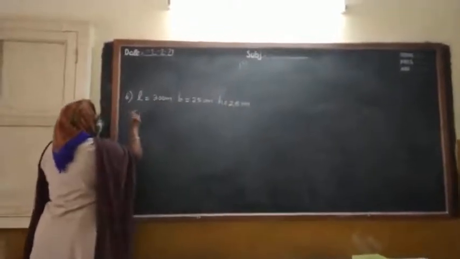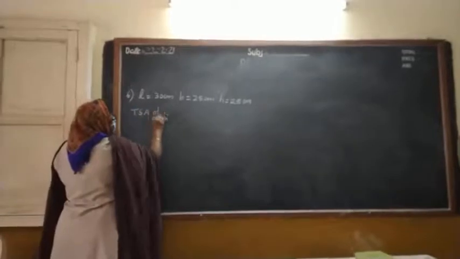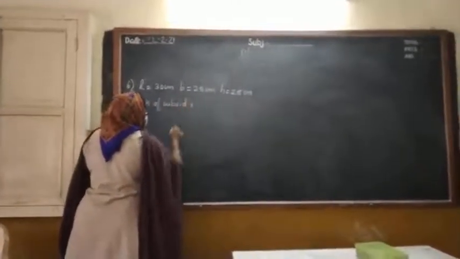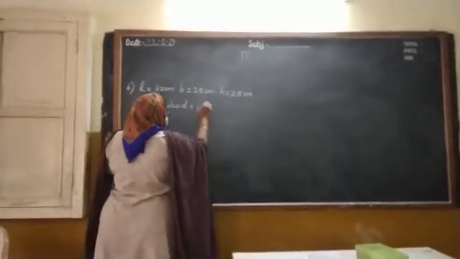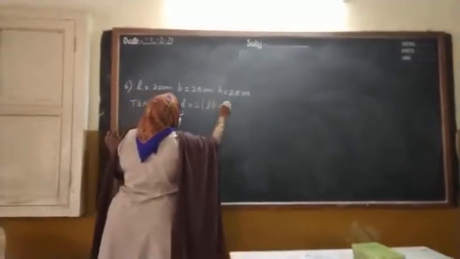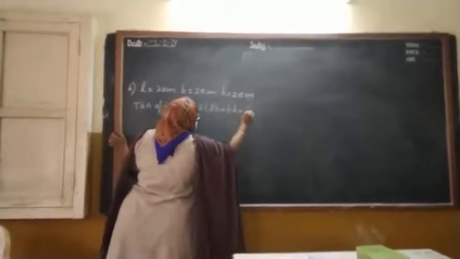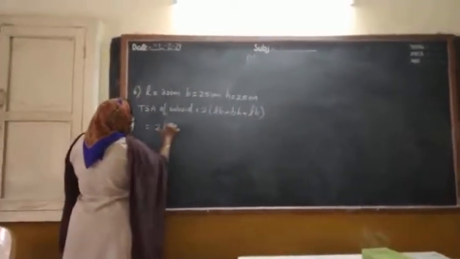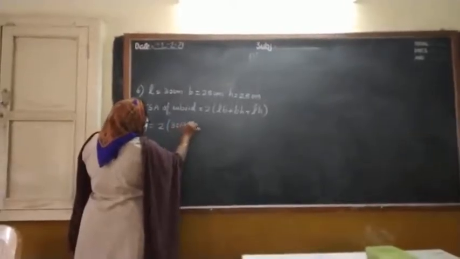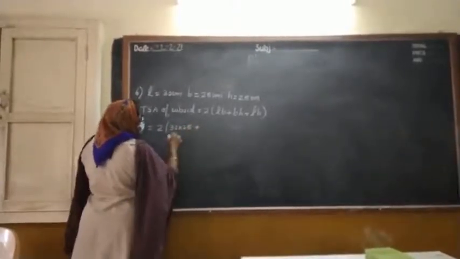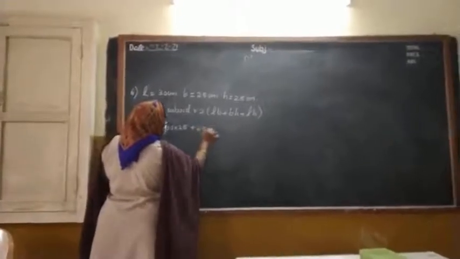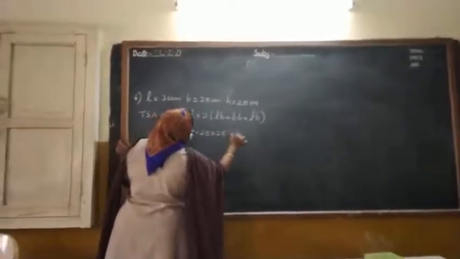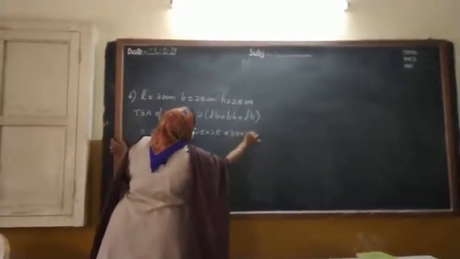Now, total surface area of a box is 2 times LB plus BH plus LH. So it will be 2 times 30 into 25 plus 25 into 25 plus 30 into 25.